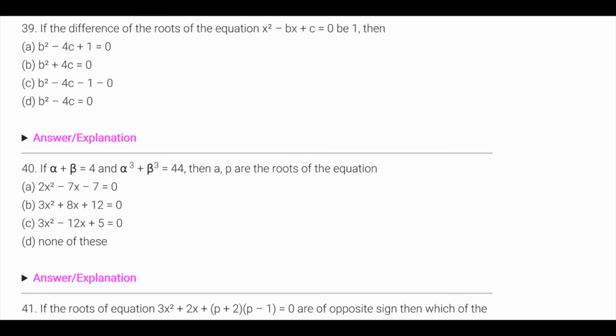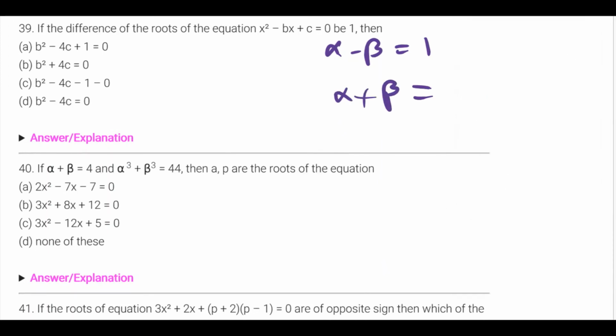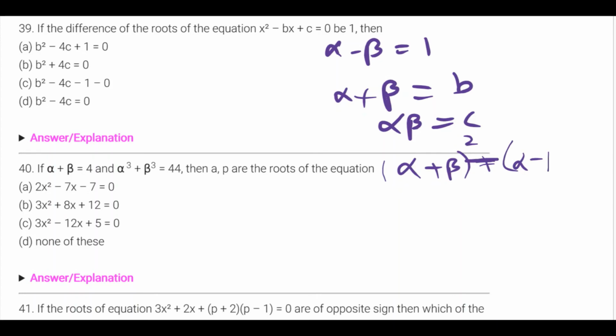Thirty-ninth question. If the difference of the roots of the equation is 1, then, so given that alpha minus beta equals to 1, we have alpha plus beta equals to b and alpha into beta equals to c. So alpha plus beta whole square, or else we subtract these two, alpha minus beta whole square equals to 4 alpha beta.